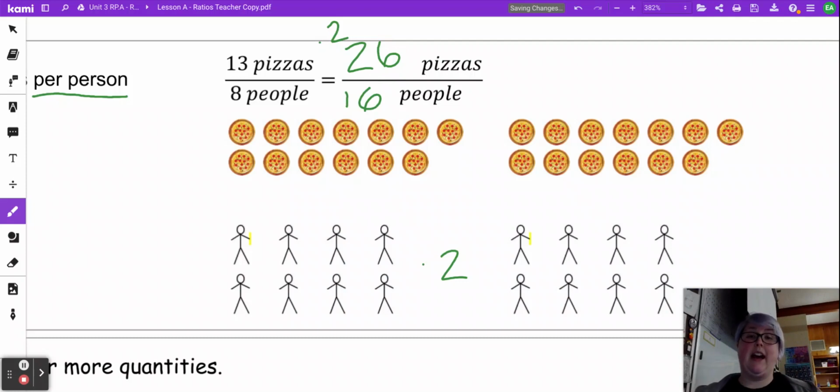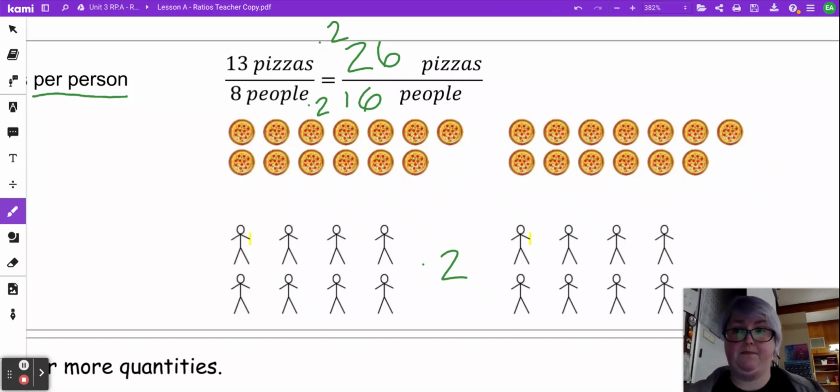We still have a pizza and 5/8 per person, but we have increased both the pizza and the people by the same amount. They have all been multiplied by 2. Whatever you do to the numerator, you do to the denominator. We can apply those same fraction rules to our ratio.